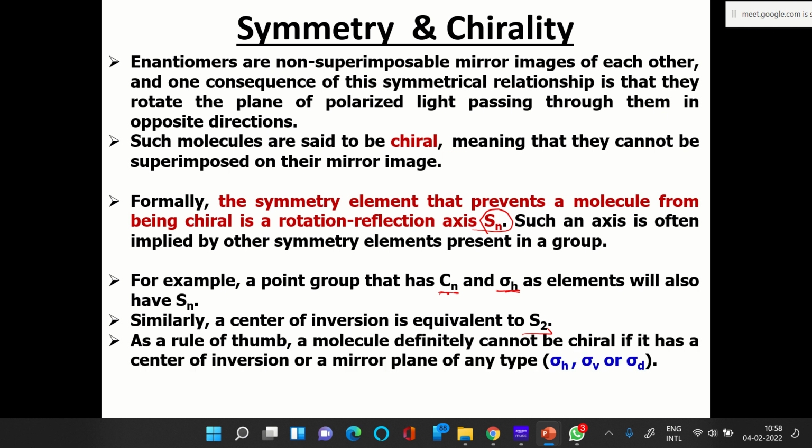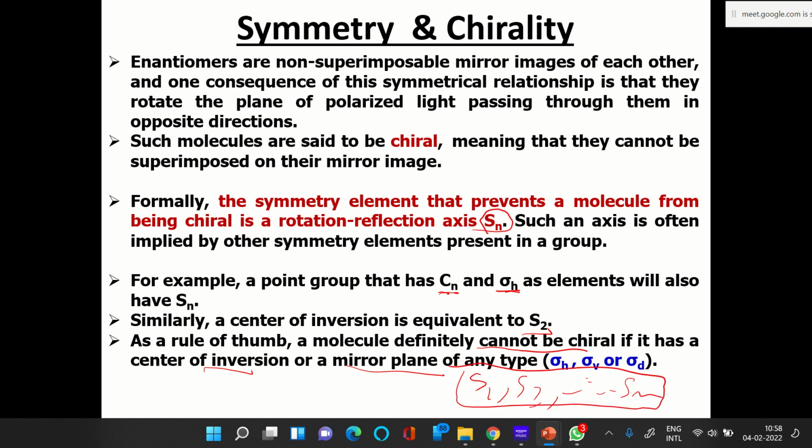So a molecule is definitely not chiral if it has a center of inversion or a mirror plane. In simple words, you cannot have S1, S2, or any Sn axis.